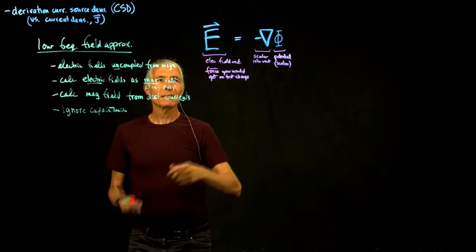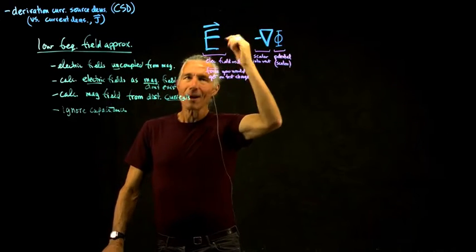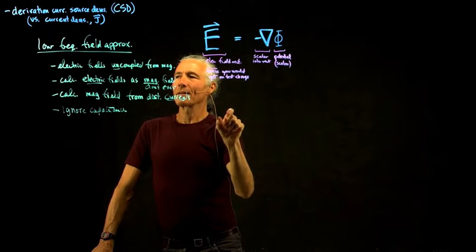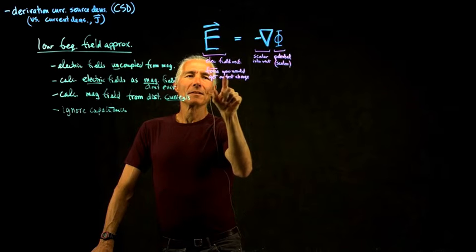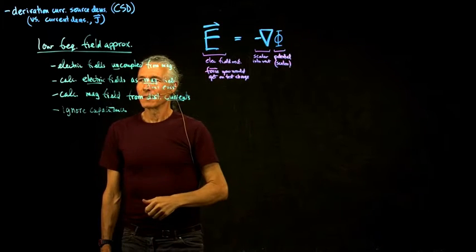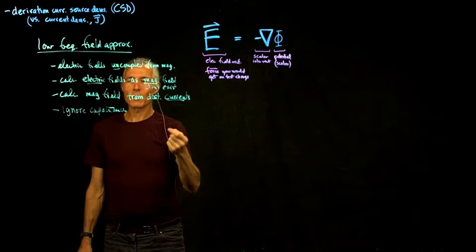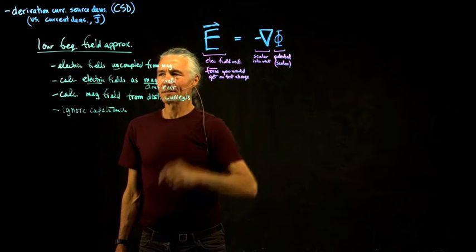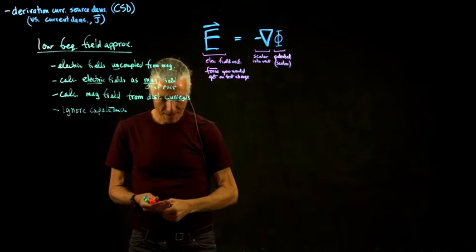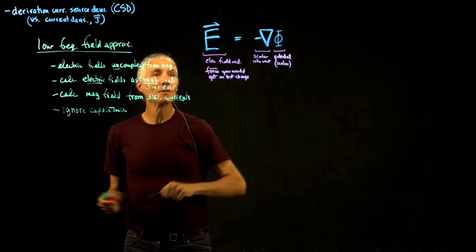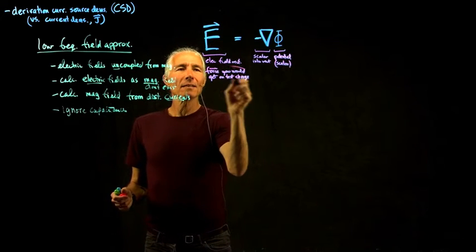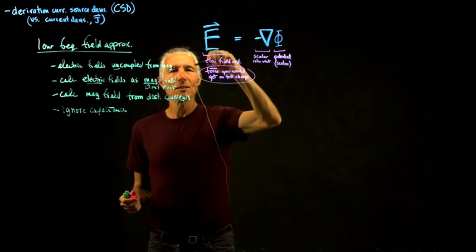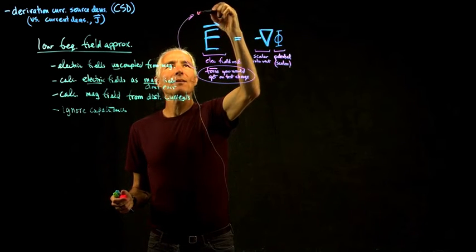So basically what this says is how you calculate the direction of the force that would be on a charge if you had this particular electric field. Because it gives you a way of calculating what the force on a charge is, it also tells you which way the current will go.